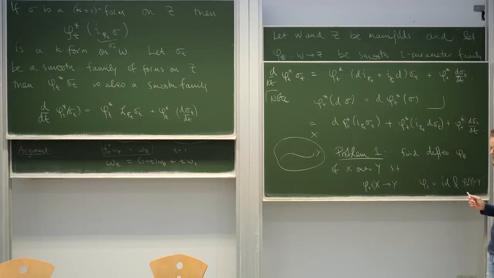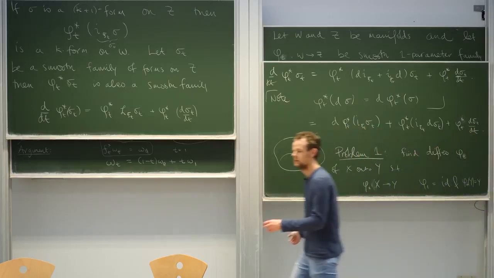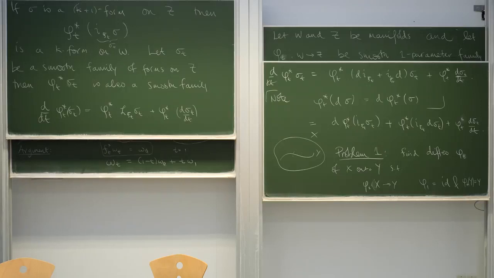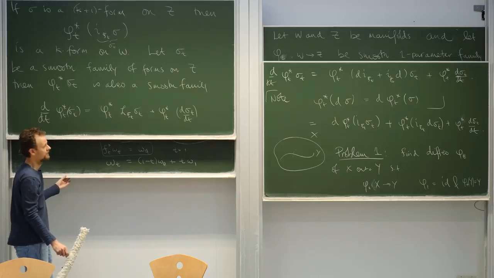Now, such a thing has a name. This is called a retract. A smooth retract is the name of this thing.